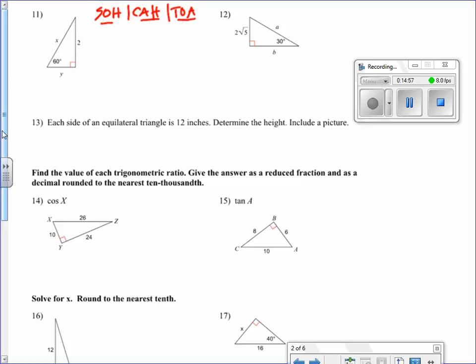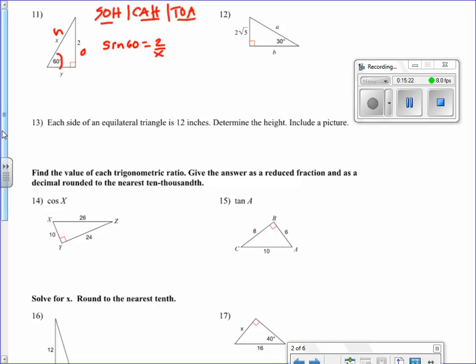So now, if this is my angle, I need to decide, well, which side am I going to do first? So I'm going to do the hypotenuse x. So this will be my h, and this would be O. So I'm going to use the sine function. Sine of 60 degrees equals opposite over hypotenuse. So x is on the bottom, so we divide.